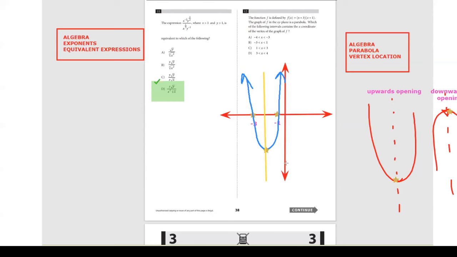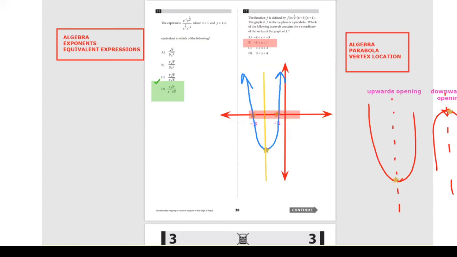So knowing the symmetry and the points in the roots, we know that -3 and -1 are the roots, so therefore the answer is B. Of the intervals that are mentioned, the x value is between -3 and 1.